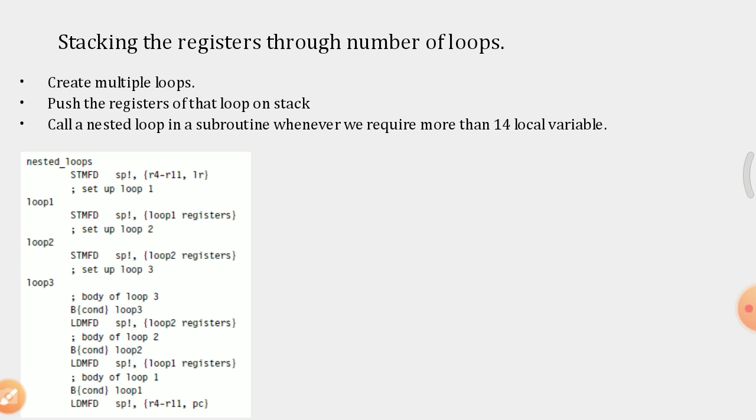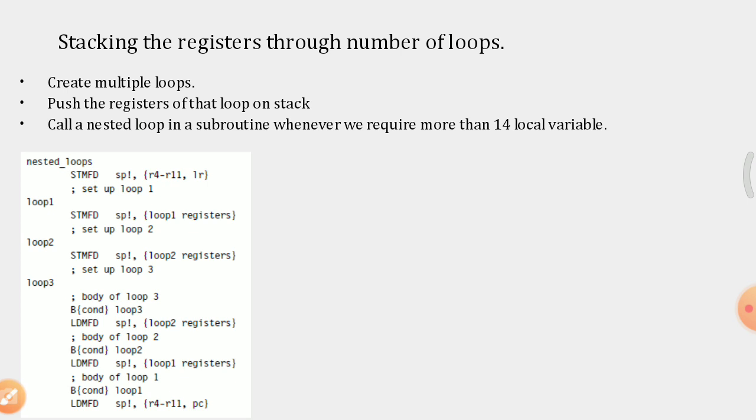We will create one more loop here called loop 1. In this, again we are going to push the value of all the register sets which we have set up in nested underscore loops. So STMFD SP exclamation mark comma loop 1 registers. Whatever register set we have done in nested underscore loops, those registers are going to be sent into the stack memory.